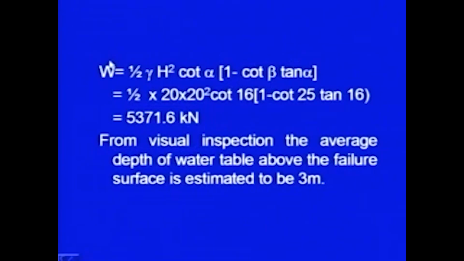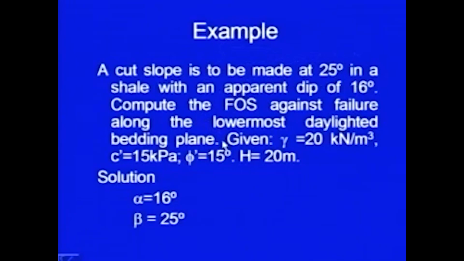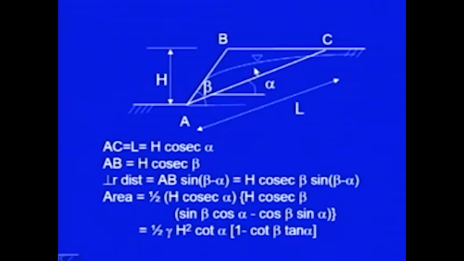So, finally, this is the expression for the weight of the wedge, and now I put it in the expression. I put all the values, and the weight of the wedge is obtained to be 5371.6 kilonewton.